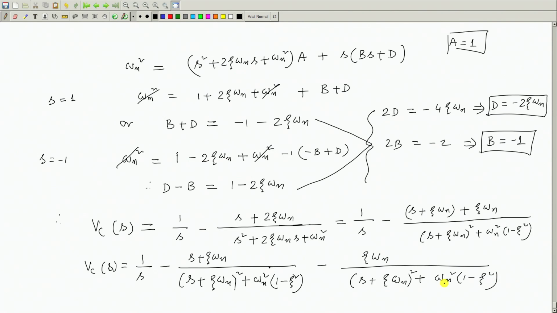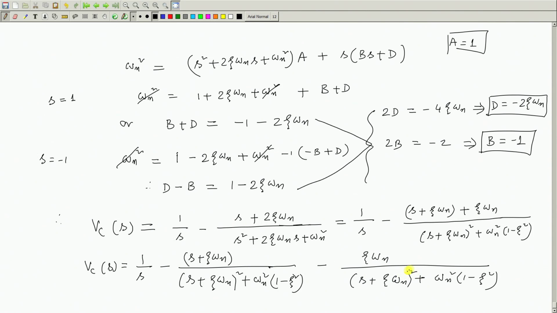So, looking at the denominator, it looks like sine and cosine terms will come, and there will be also an exponential e to the power minus zeta omega n t term. Now, so far as the first term is concerned, it is already nicely placed. Laplace inverse of this term will be e to the power minus zeta omega n t into cosine of this number, I mean squared.